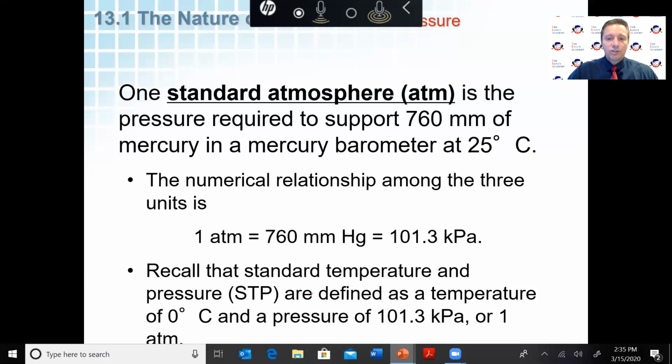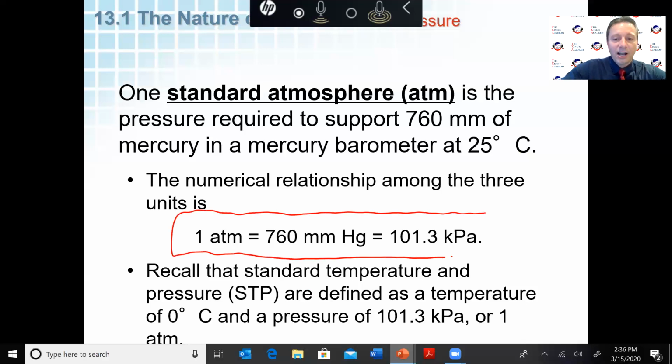All right, so here are the conversions, and these conversions are very, very important. We're going to actually start to practice using these right here. So in my notes, I would highlight that.